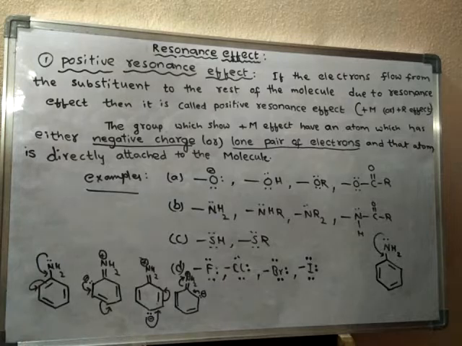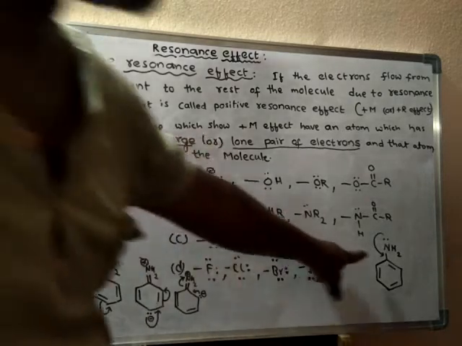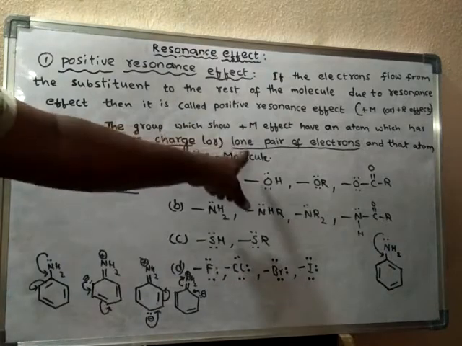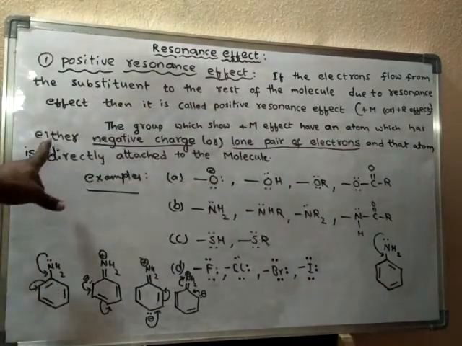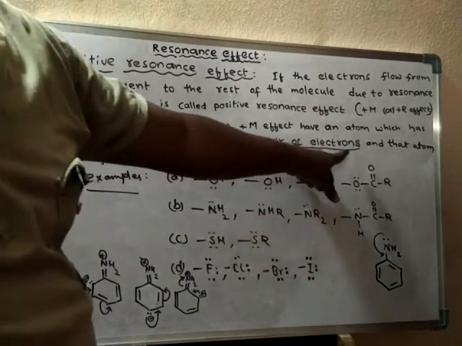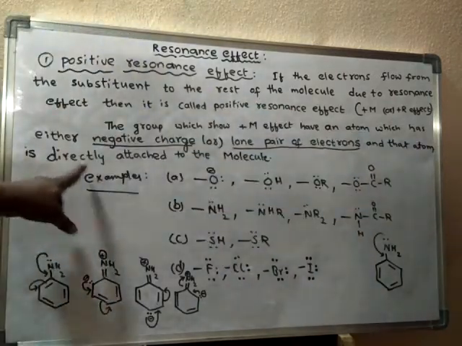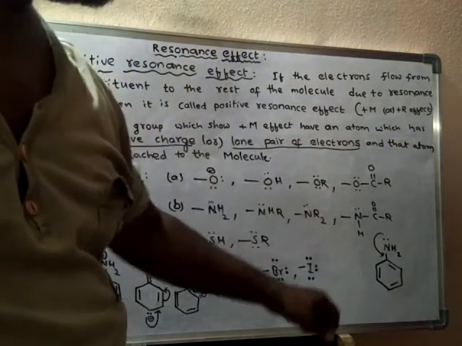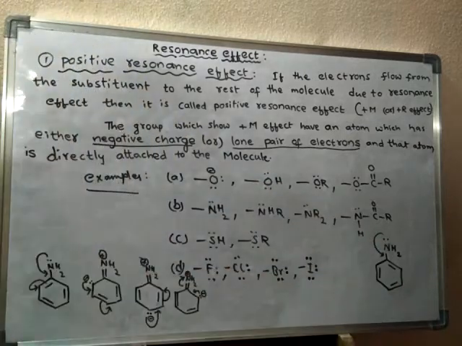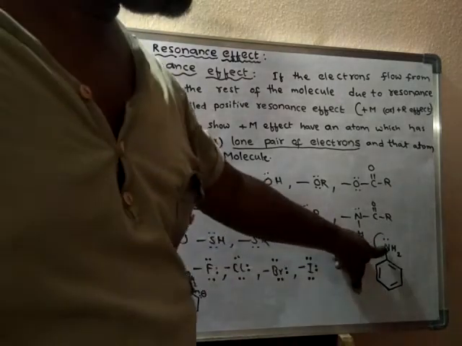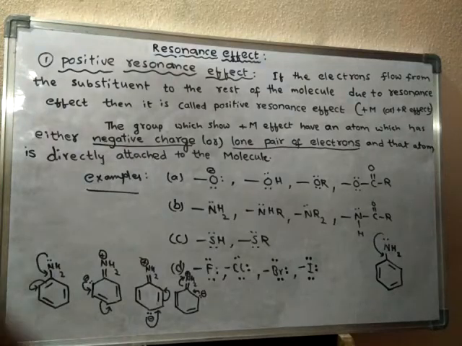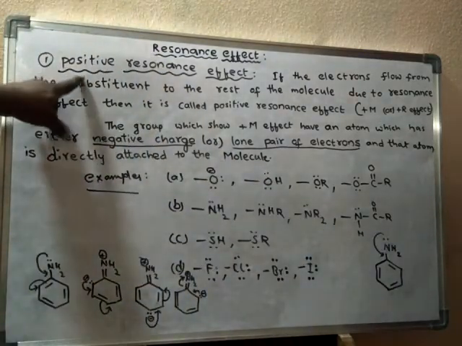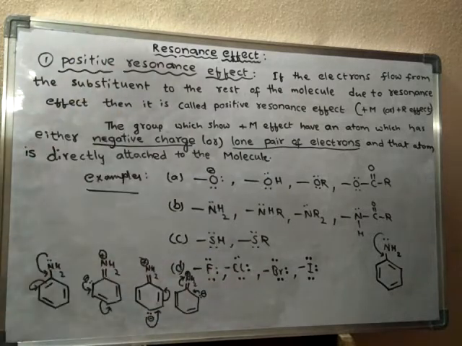The group which shows plus M effect has such an atom, and that atom is directly attached to the molecule. See this nitrogen atom, it is directly attached to the rest of the molecule and has a lone pair. Such groups are said to be positive resonance groups, plus R groups or plus M groups.